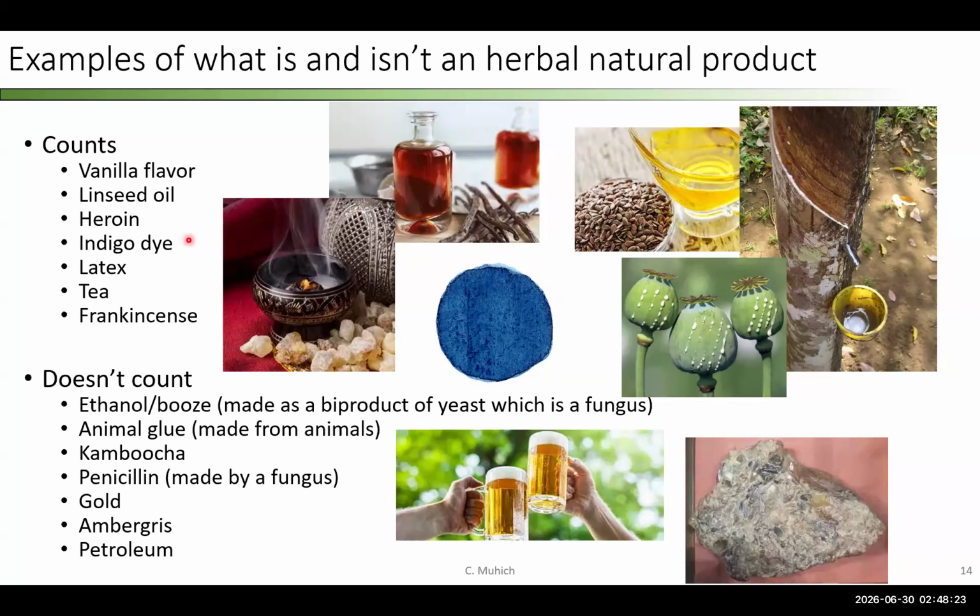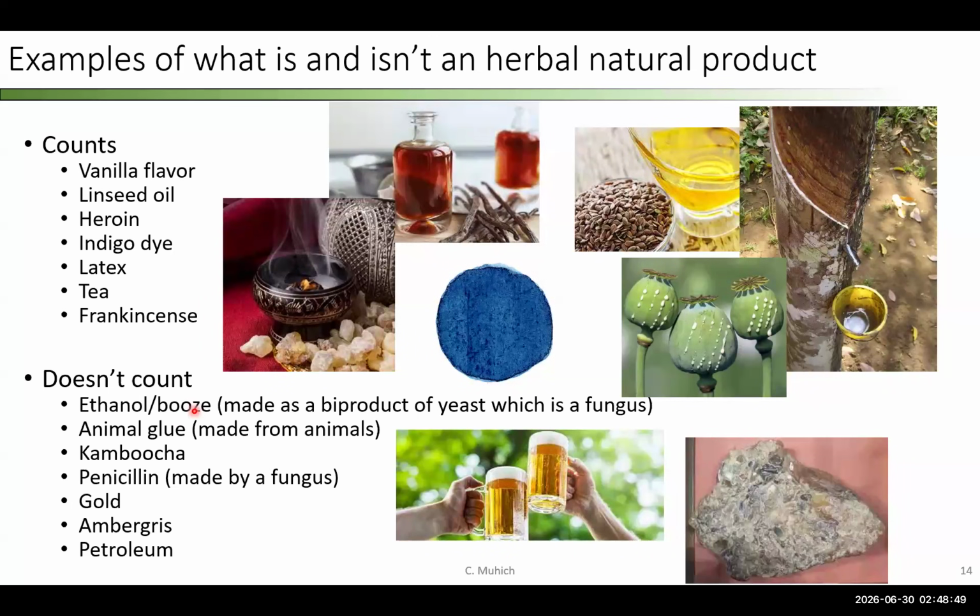Tea, of course, are leaves which have been steeped in water, and frankincense, so an incense, are these sort of rock-looking pieces, but this is actually the resin of the frankincense tree, which is burned to give that smell.